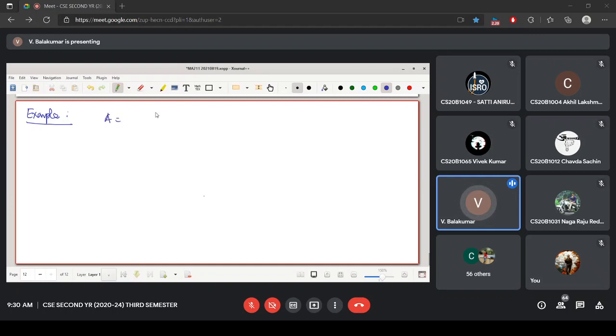I am having A is {a, b, c}, B is {a, d}. Then A cross B you have given me already. Notation should be a little proper.